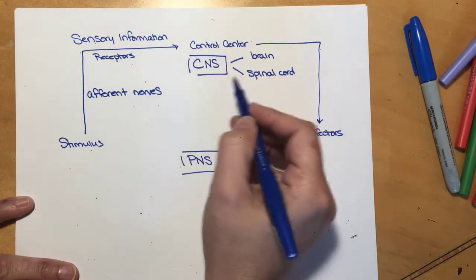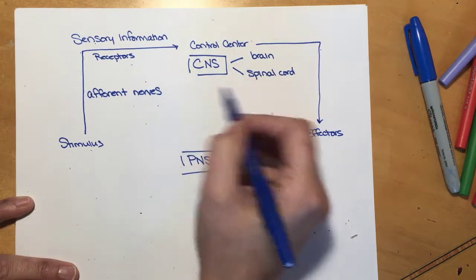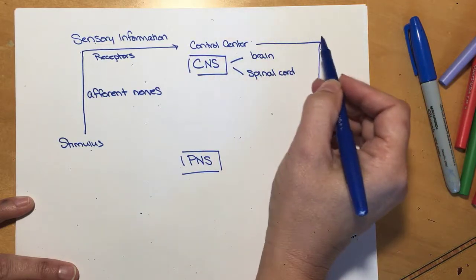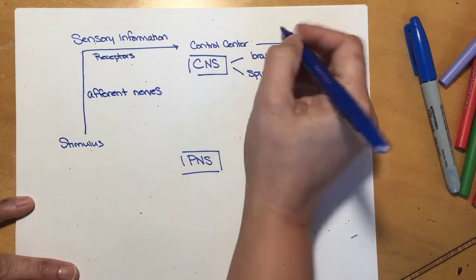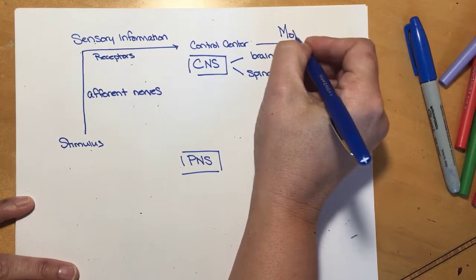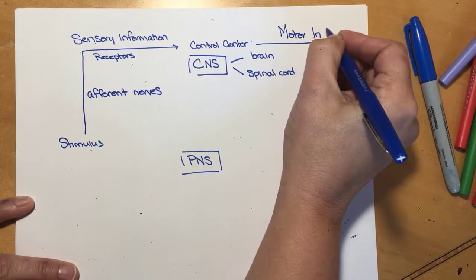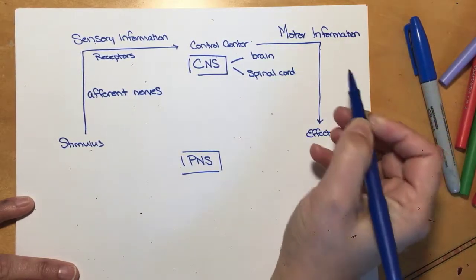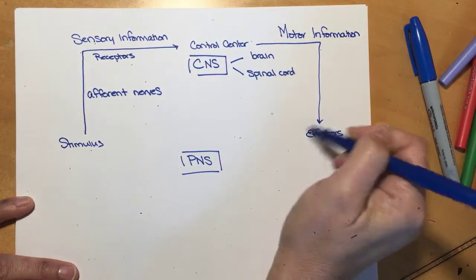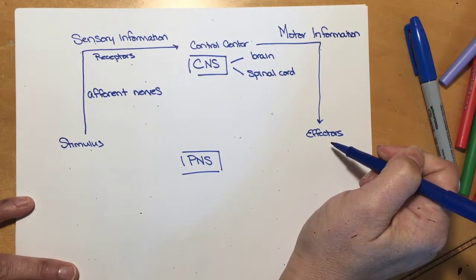Now, the control center is going to make some decisions, and it's going to send out signals to effectors. That information is always motor information. We're going to do something to have an effect.